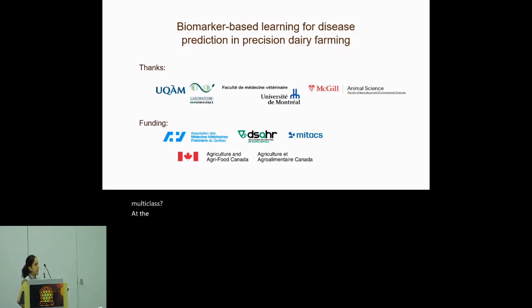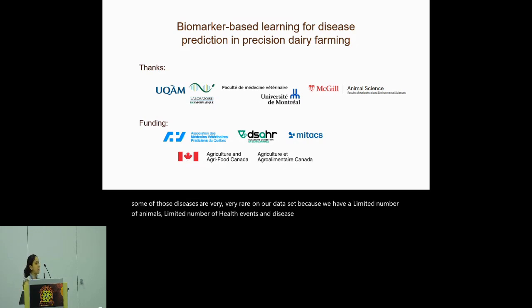We did have multi-class models for diseases. However, due to the imbalance, and some of those diseases are very, very rare in our data set because we have a limited number of animals, limited number of health events, and disease occurrence in general, the multi-class models really suffered with the imbalance.